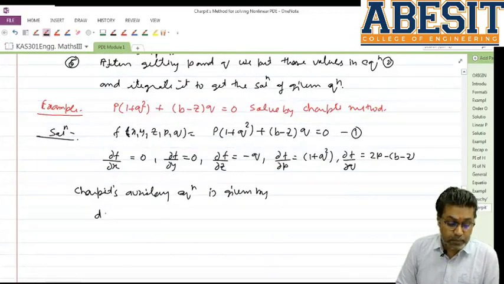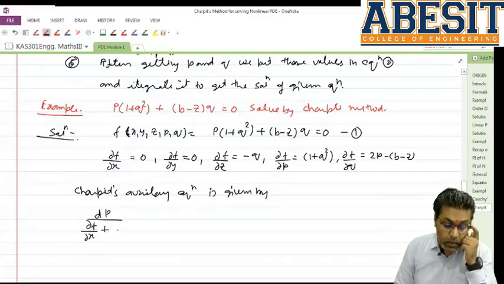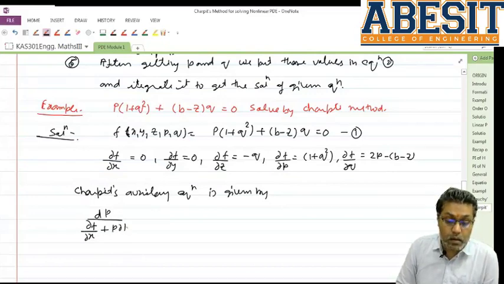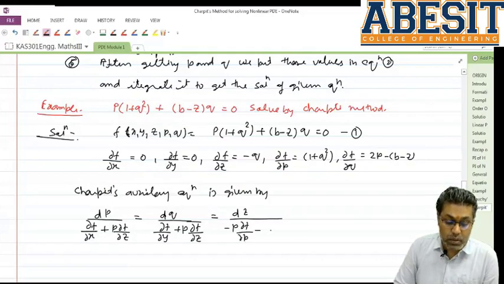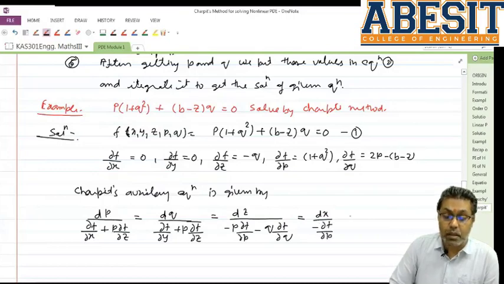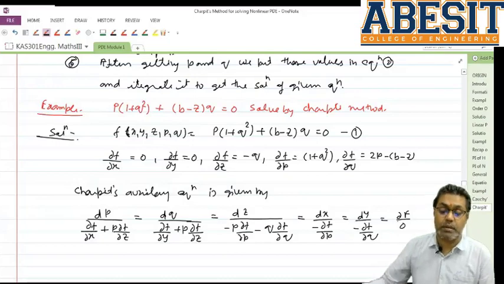This is dp upon del f upon del x plus p del f upon del z is equal to dq upon del f upon del y plus p del f upon del z is equal to dz upon minus p del f upon del p minus q del f upon del q is equal to dx upon minus del f upon del p is equal to dy upon minus del f upon del q is equal to df upon 0.